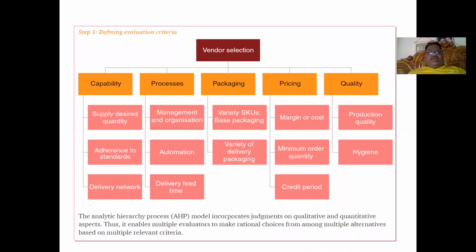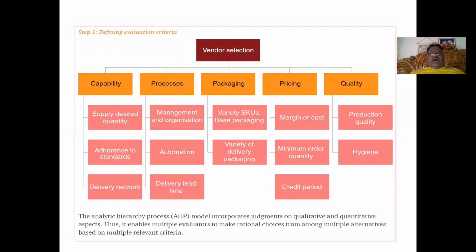For example, I want to select a vendor. I have 5 strategies to check: capabilities, processes, packaging, pricing, and quality. For capability, I have 3 other variables, such as supply and design. So I have 5 target variables and 13 independent variables.